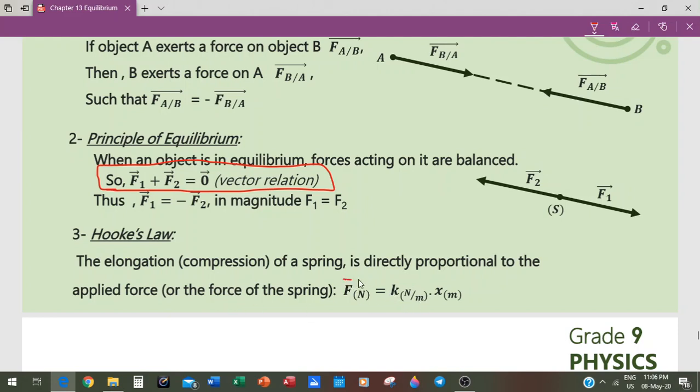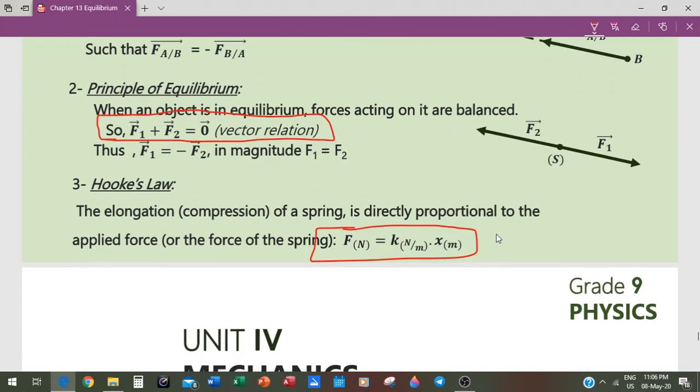The relation we get from Hooke's law is F equals K times X, or we can write T equals K delta L, or T equals K X, where T is tension. We can also write weight equals K X, because T and weight are equal.